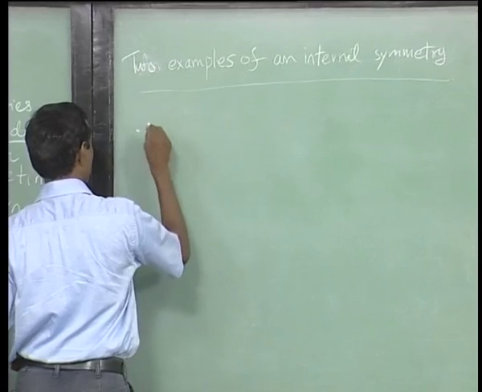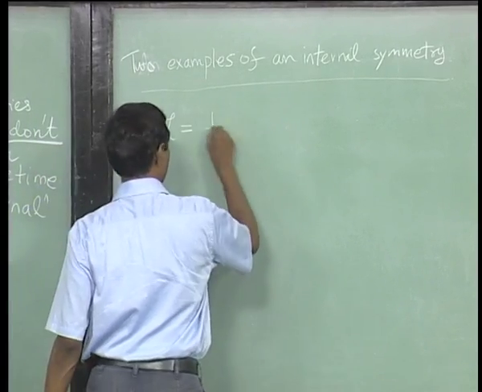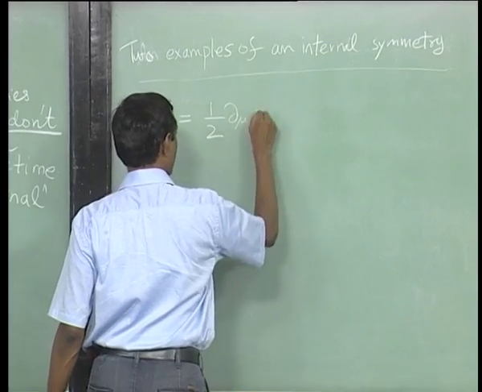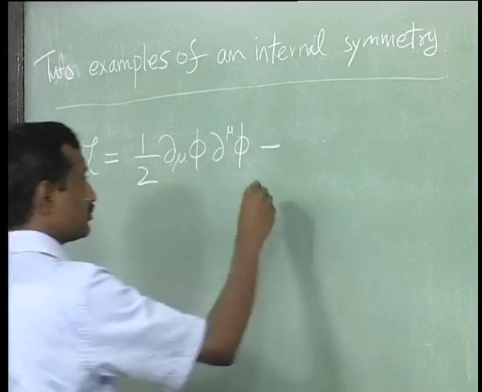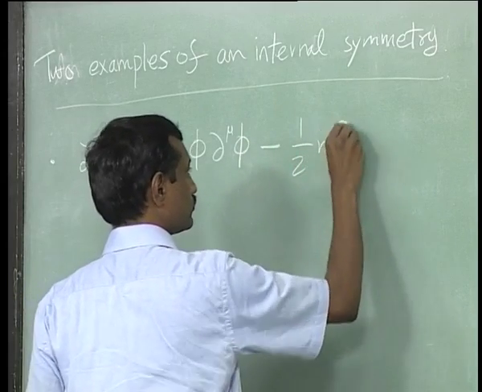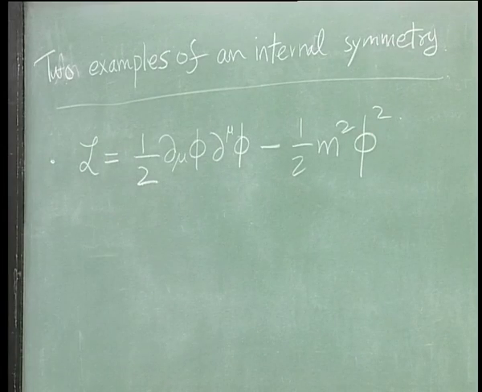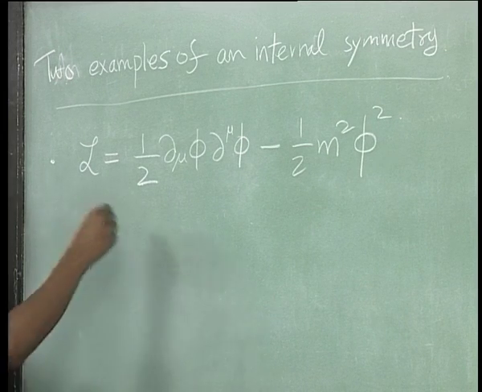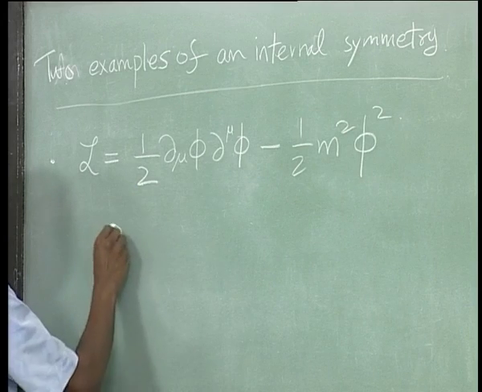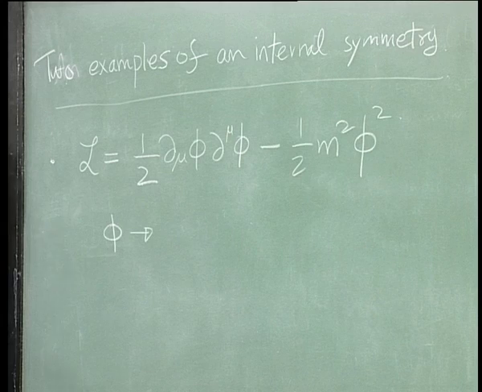Let us consider a system with a Lagrangian with one scalar. This is the one which gave the Klein-Gordon equation. Now, there is a symmetry which does the following thing. Suppose I take phi goes to minus phi.